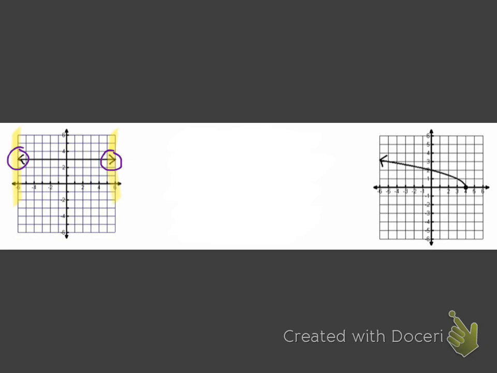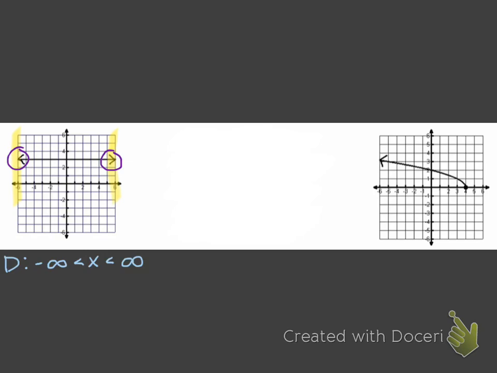If we were to zoom out of this graph, our arrows would continue on forever, which means that the domain for this one is going to be that all real numbers concept. We're going to go from negative infinity, since our arrows will take us all the way down in the negative direction forever, which is going to be less than x, which is going to be less than positive infinity, since our right arrow takes us positively forever.